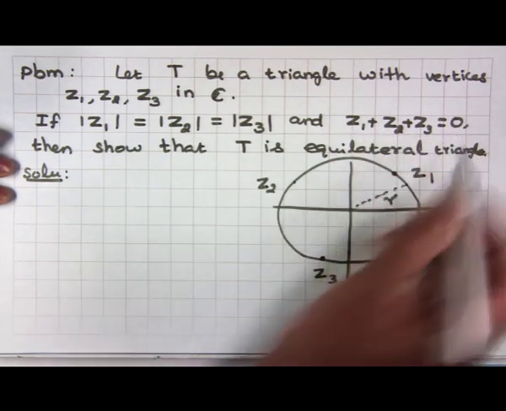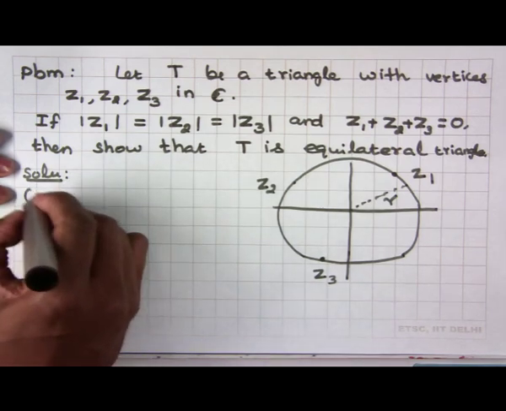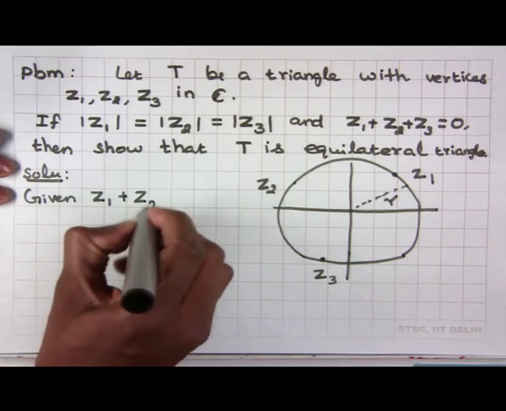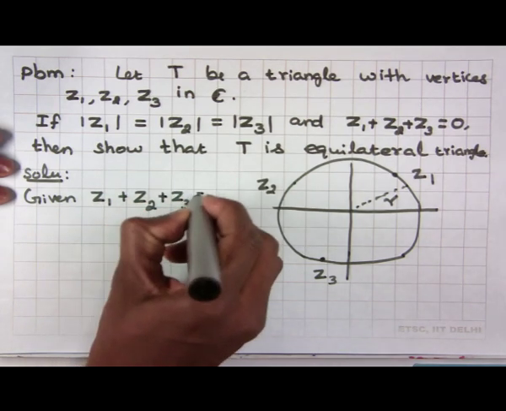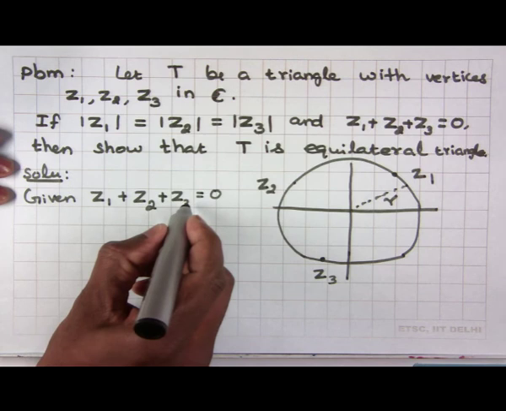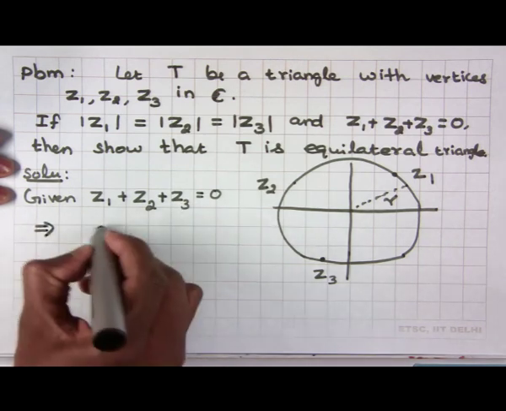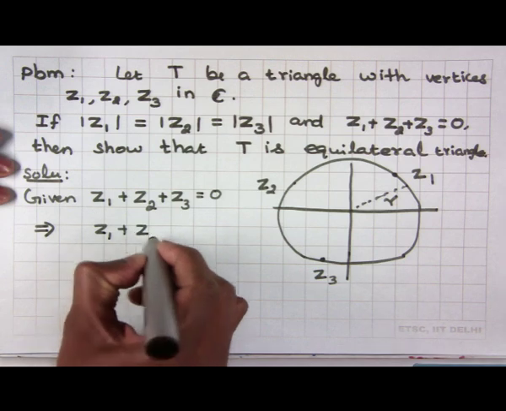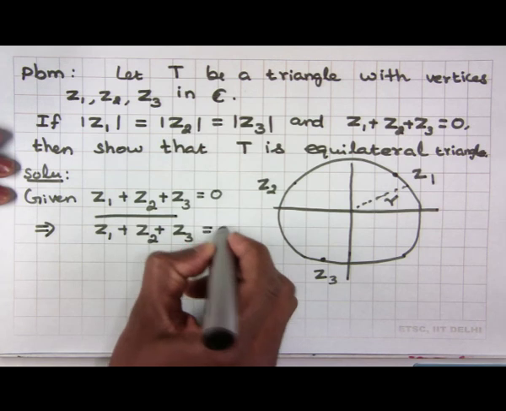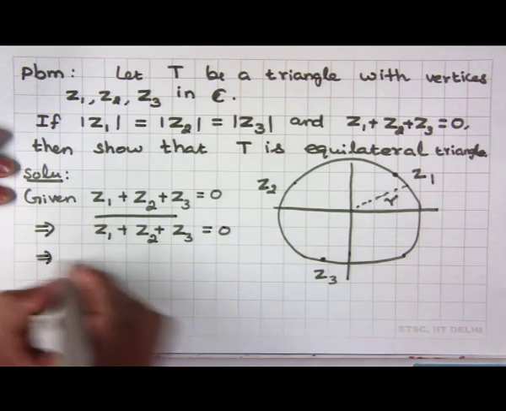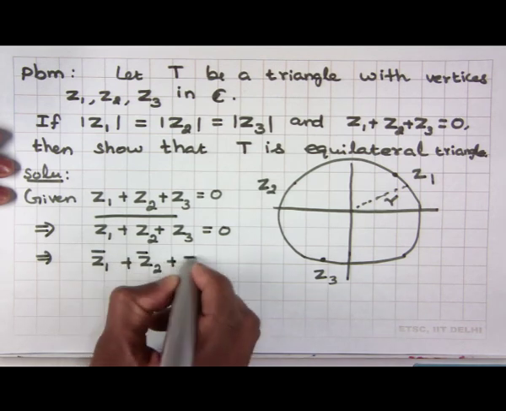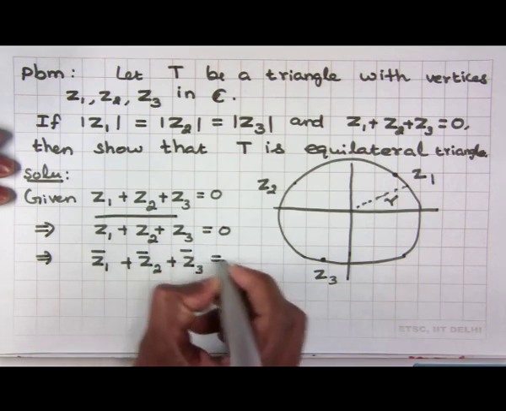What is given to us is that their sum is 0. The sum of these 3 complex numbers is 0. If we take the conjugation, it is still going to satisfy the same equation. So, taking the conjugation, it is still 0, and this implies that Z1 bar plus Z2 bar plus Z3 bar is equal to 0.